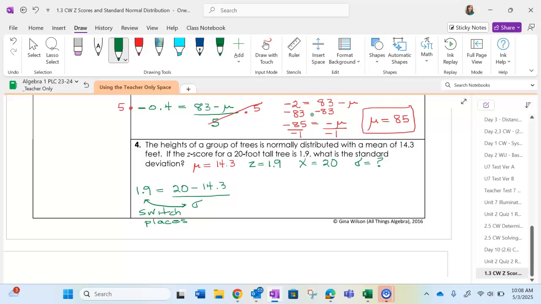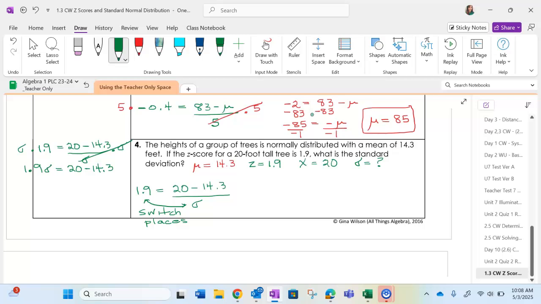I'll show you real quick. If I have 1.9 equals 20 minus 14.3 divided by standard deviation, we multiply standard deviation on both sides. Now we have 1.9 times standard deviation equals 20 minus 14.3.